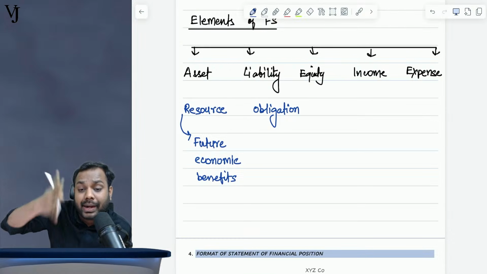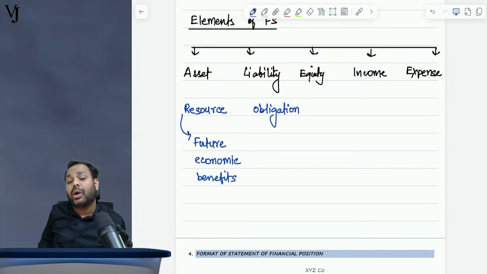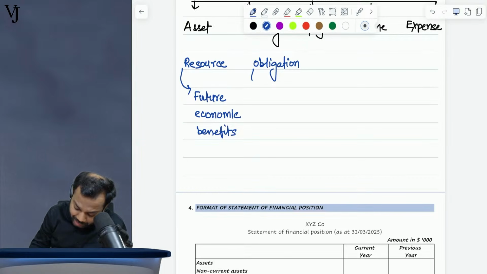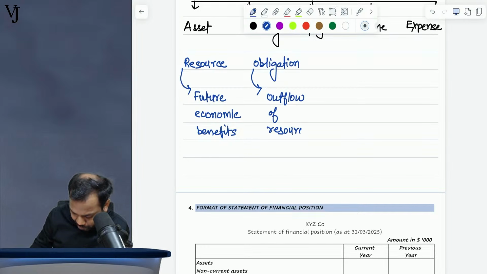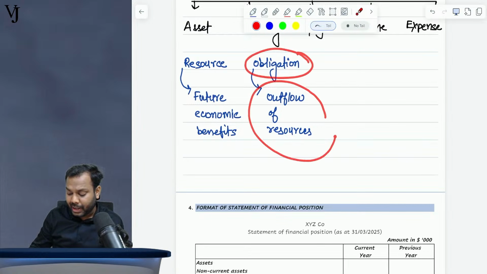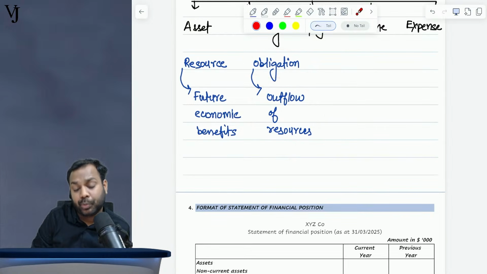So it is an obligation which will be settled by outflow of resources.